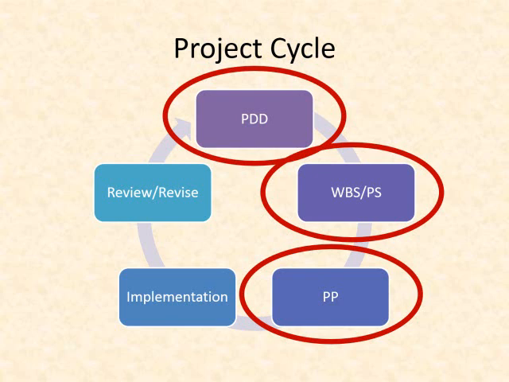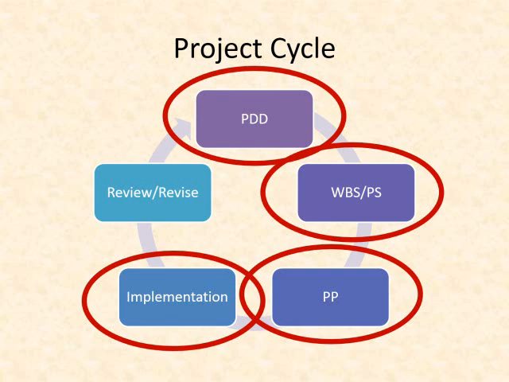In the plan that we're going to do today, or that we're going to start today, the vacation plan, you'll actually take it to the next level. You'll be implementing the project. So in week 1 of this project, you'll do the project definition document, the WBS and PS, and the PP. And in the second week of this project, the vacation project, you will write a project report.